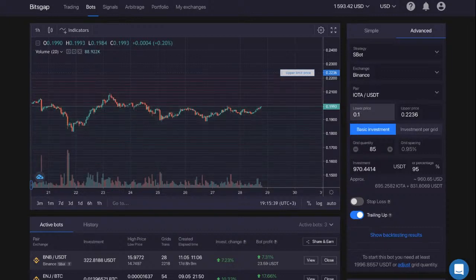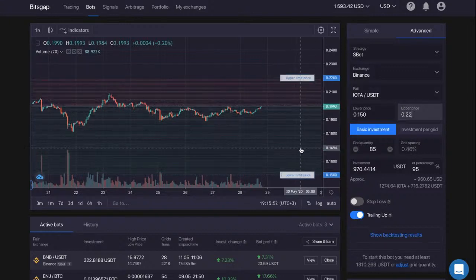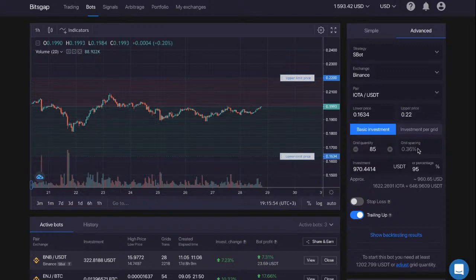Maybe like this if you want a wider zone, and the upper price can be, let's say, 23. And you see that each time I adjust my trading range, my grid spacing is also adjusting.